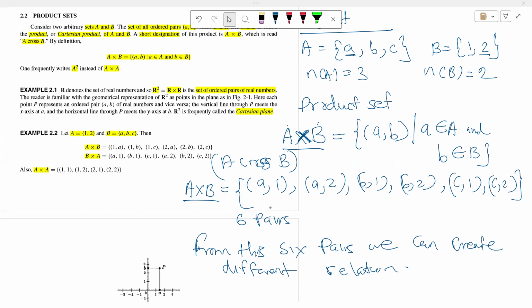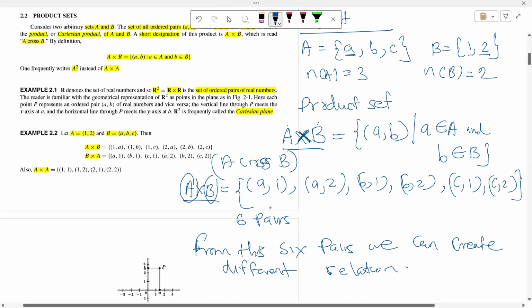Yeah, I already told you, right? A cross B, in the sense that A is a set, B is another set, right? So A cross B means you need to create ordered pairs with 2 elements. Did you get my point? The cross product, A cross B, means you need to take one element from A, another element from B, right?